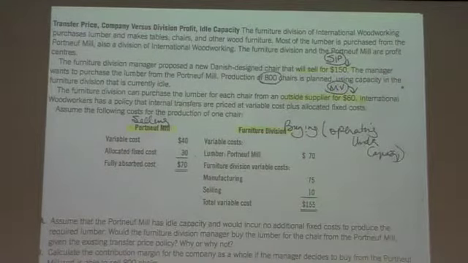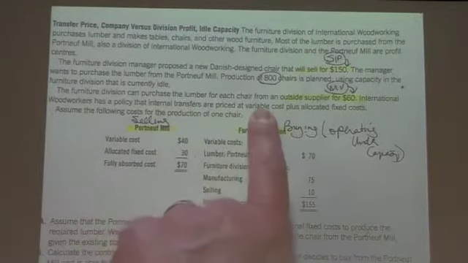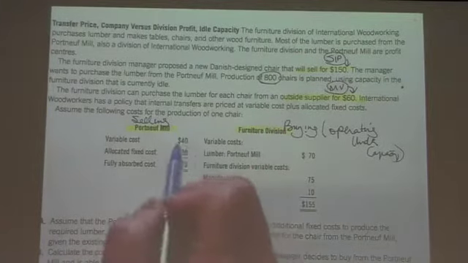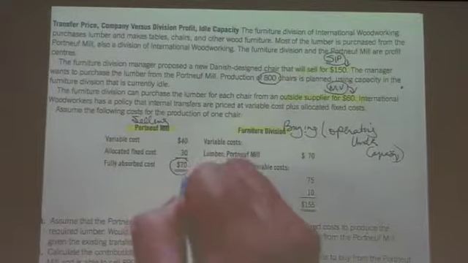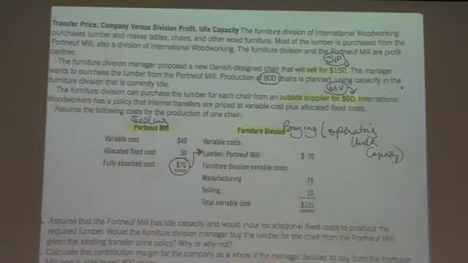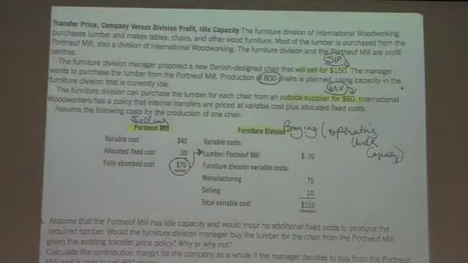International Woodworkers has a policy that the transfer price should be at variable cost plus allocated fixed cost. So variable cost plus allocated fixed cost is $70, and that's exactly what was transferred over to the furniture division. So that's what makes up that $70. And that happens to be their policy.